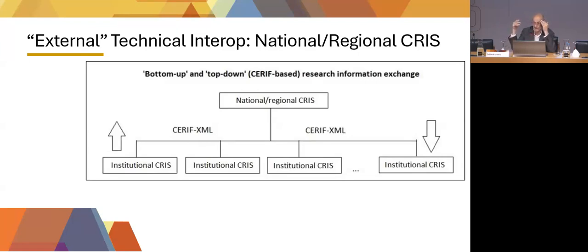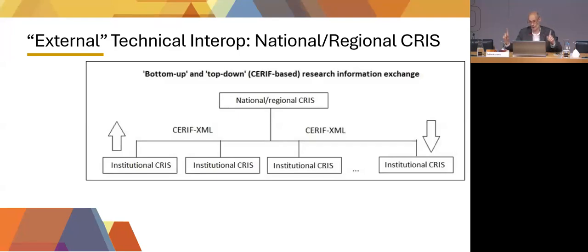And then if the funded projects are awarded by a national level agency, that's the source of truth. And then it flows downwards, top down, into the institutional CRIS system.